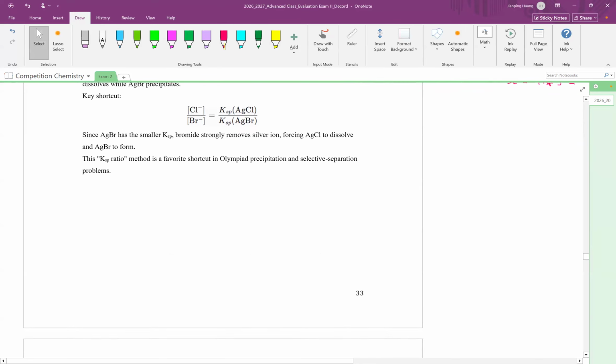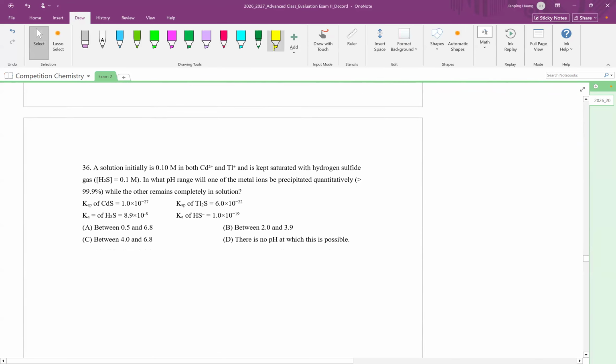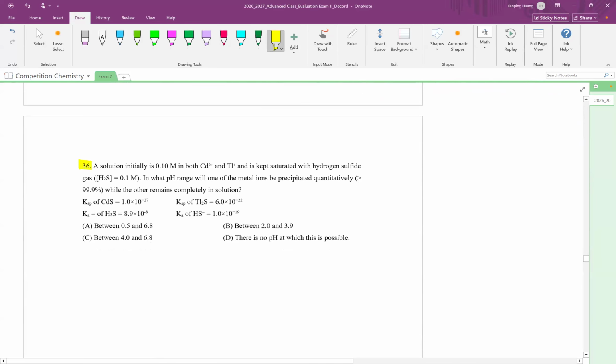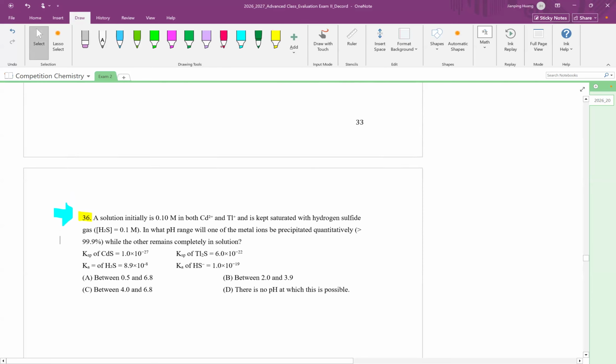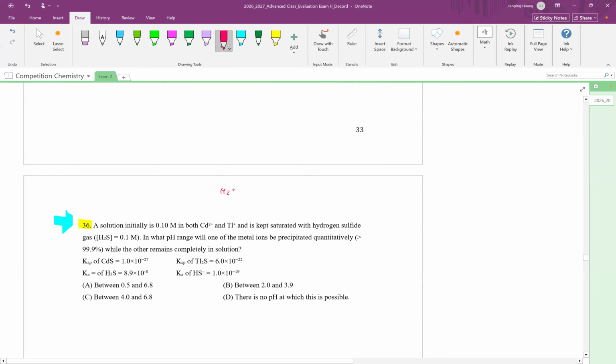That's the next question. See, this question is the same. This is a very good question. Not hard at all. This question, every year we discuss, use what? Hydrogen sulfide to separate metallic ions.